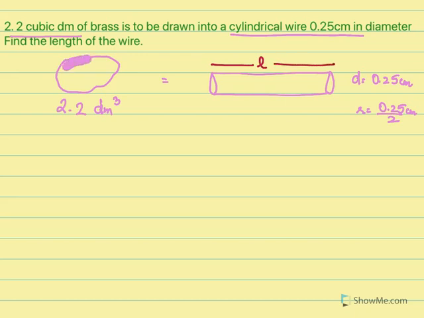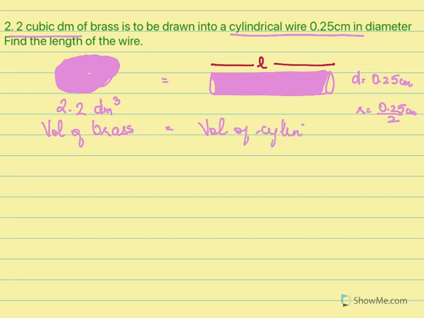Now we know this volume, this full metal, which is 2.2 decimeter cube, is equal to the volume of the wire or the cylinder. So volume of brass equal to volume of cylinder. Now the volume of brass is 2.2 decimeter cube.